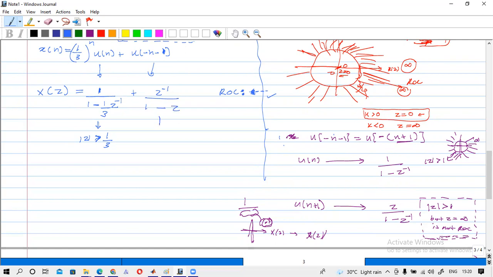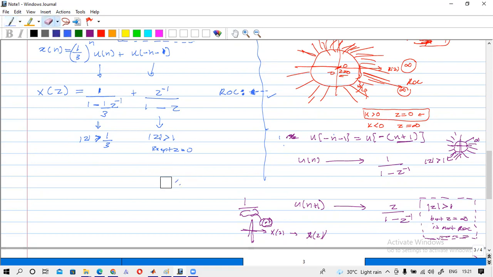And the ROC will be |z| greater than 1, except z equal to 0. Z equal to 0 is not there, because the magnitude of z should be greater than 1. That means this area, so 0 is not there.